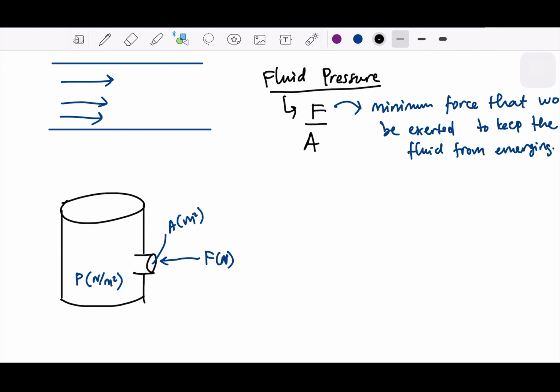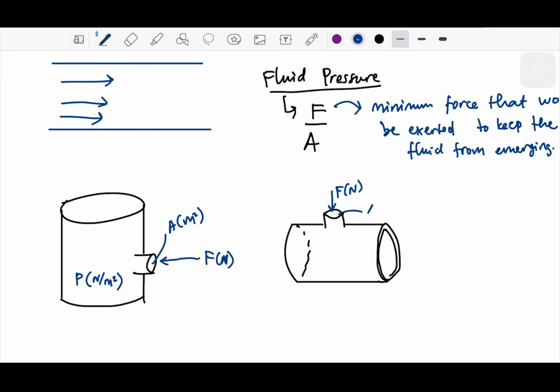Or if we imagine like a pipe, this is some force here, and then this is the cross section, and then this will be the pressure.